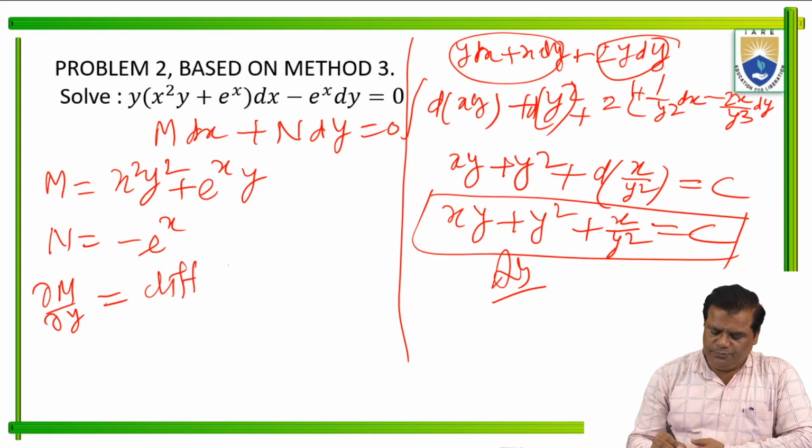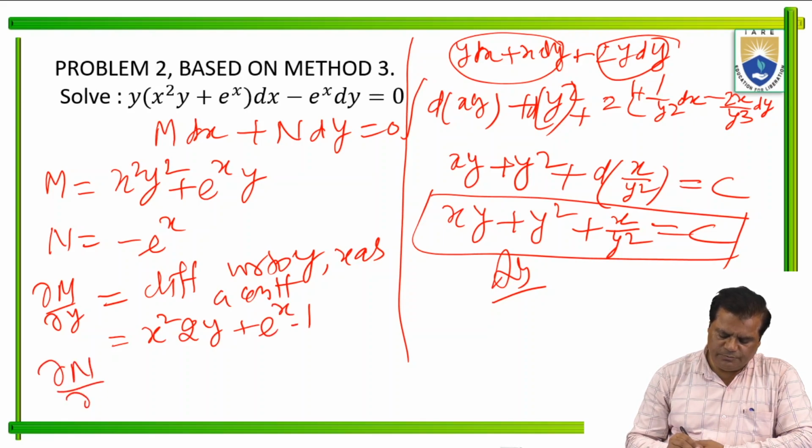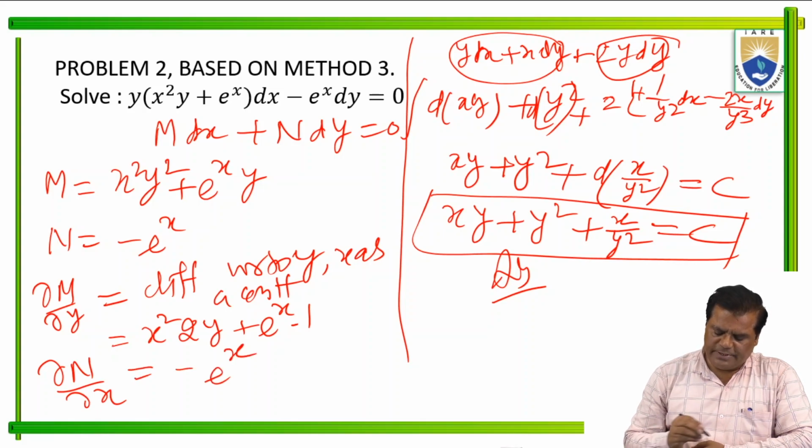Here x square is constant and 2y plus e to the power x constant into 1. And del N over del x, y as a constant, so minus e to the power x.